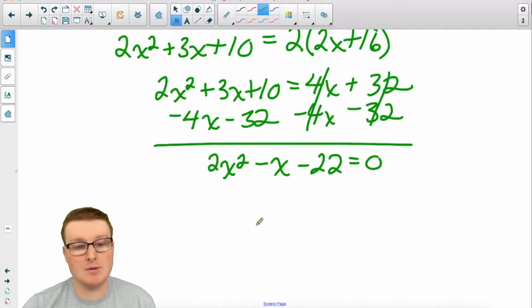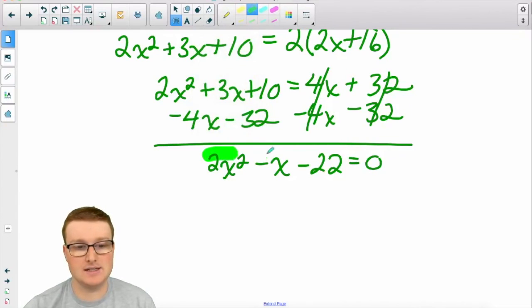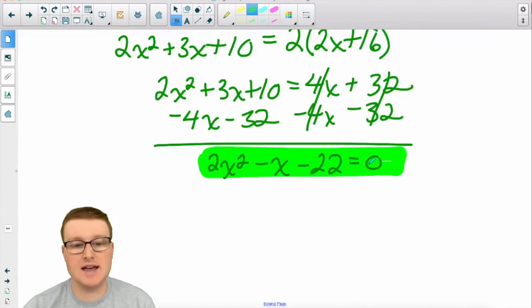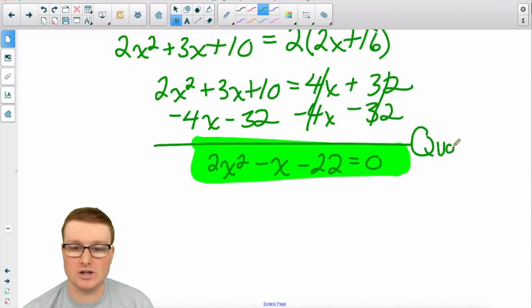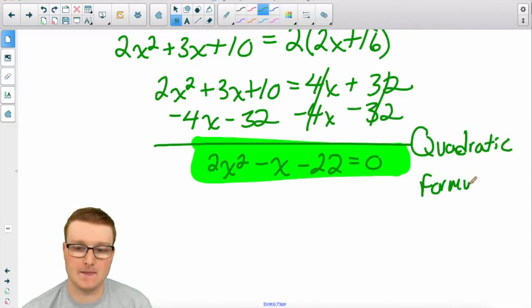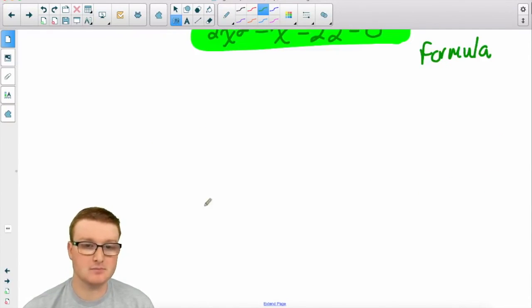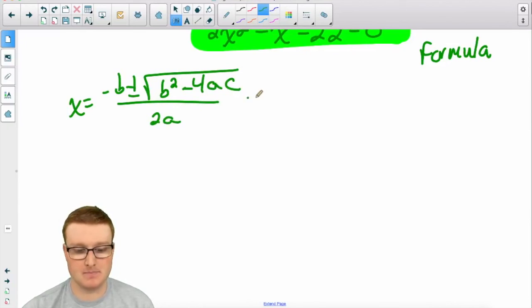Now, the problem here, folks, is this is not factorable. This is not factorable by GCF, by dots, by trinomial, by any of that. We are forced to use the quadratic formula. Here we go. So we get x is equal to negative b plus minus the square root of b squared minus 4ac all over 2a.